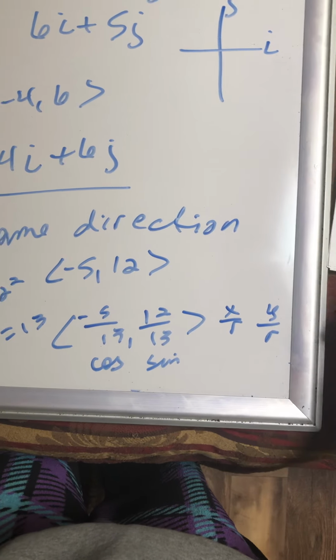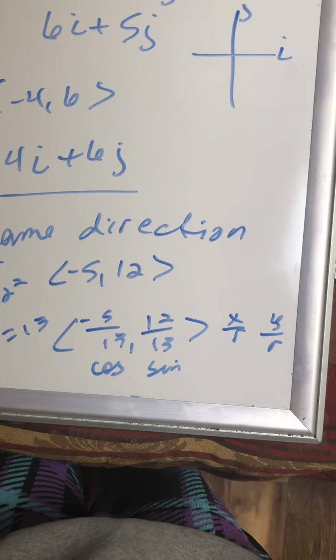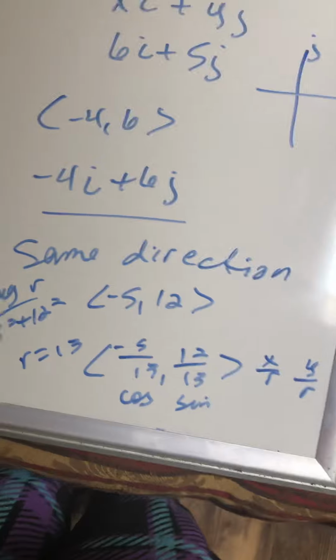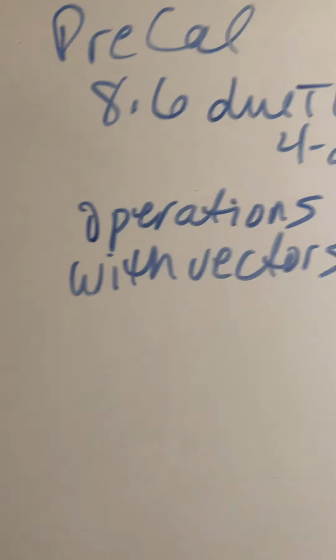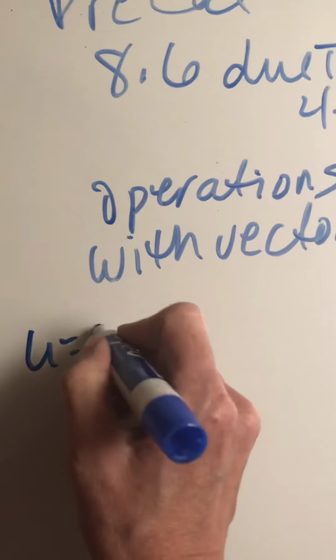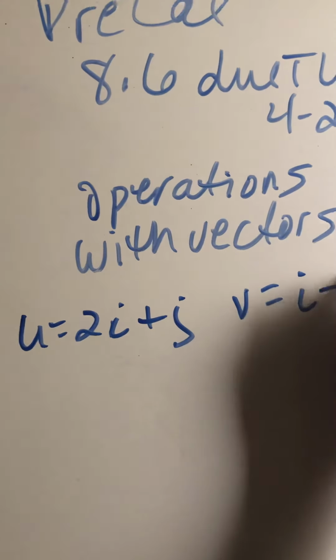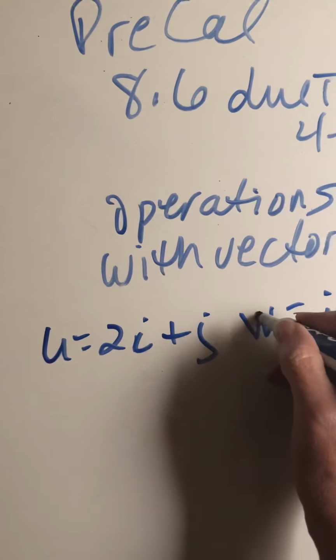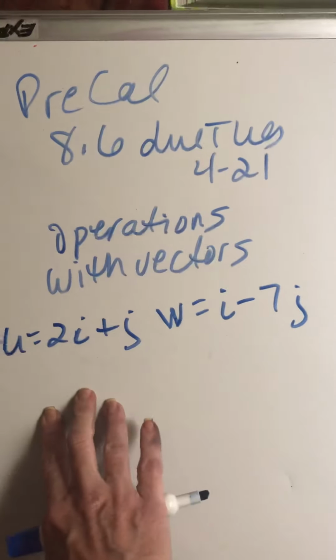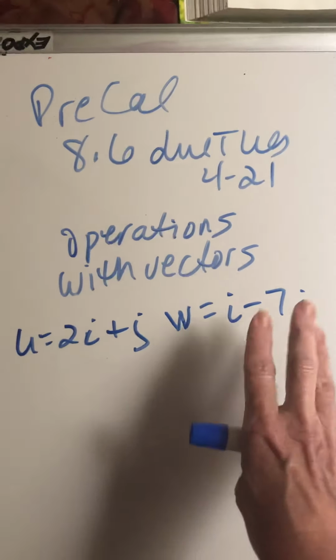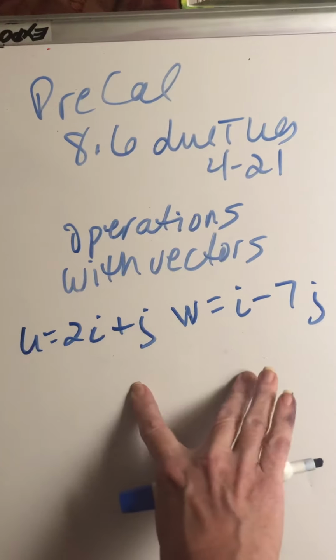Okay, so let's look at some operations using linear combinations. So I've got u is 2i plus j, and w is i minus 7j. U is 2i plus j. W is i minus 7j. These are linear combinations.